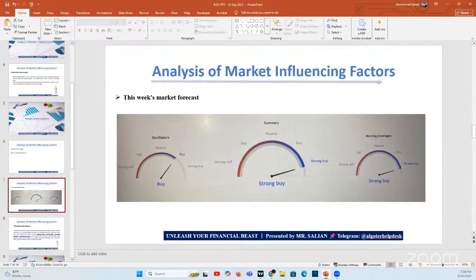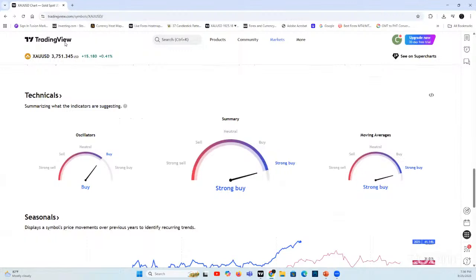So let me show you. Yes, this one. Where is this? TradingView.com.